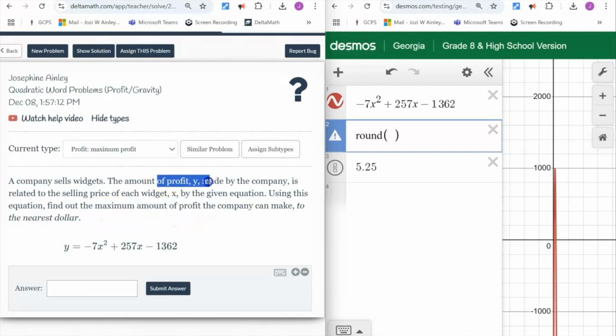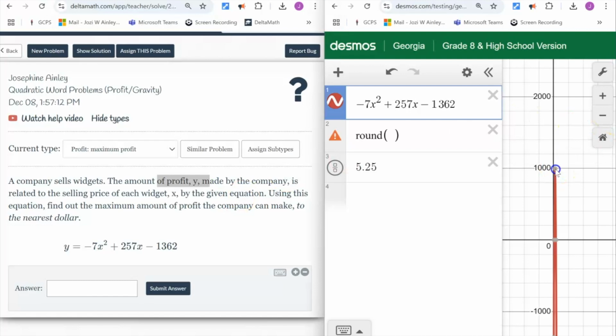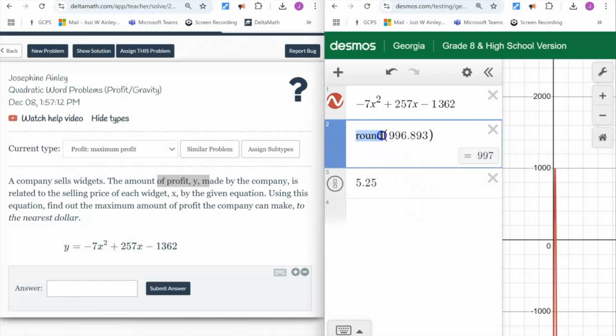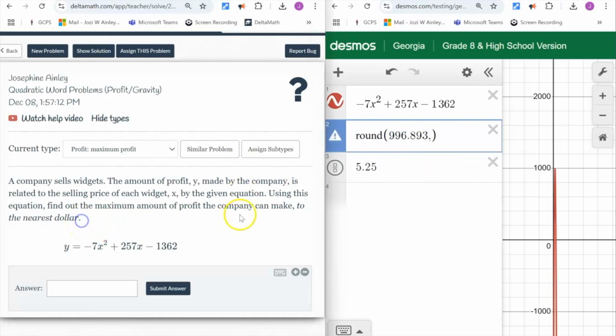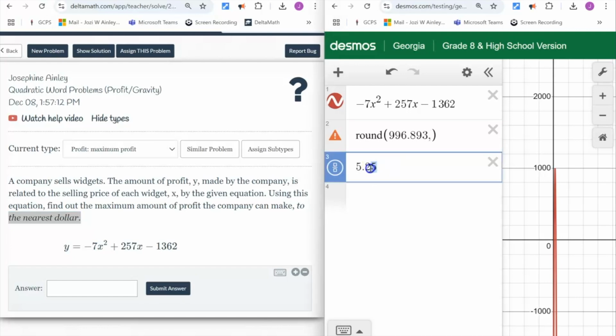So remember, profit is the Y. So I'm going to go at the very top to the vertex, and this Y number is my maximum profit. But I need to round that. So I tell the calculator round, and then this is the number I need you to round. And now I need to say comma, how do I round it? So you want this to round to the nearest dollar. So let's talk about that. If I have dollars only, it means I have no change, right? So I don't have 25 cents, right?